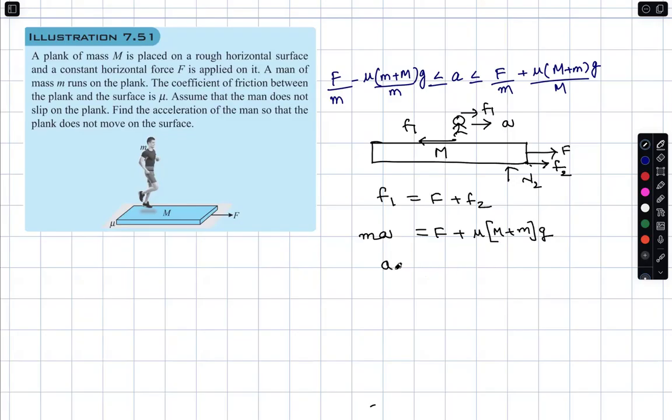So therefore, this is the limit. That is case 1. Any other case possible?